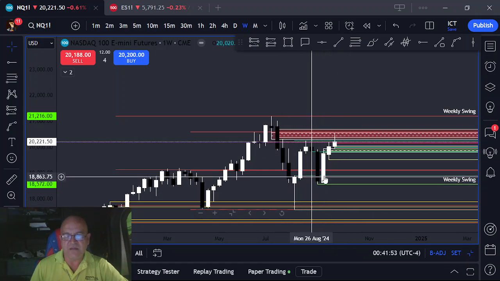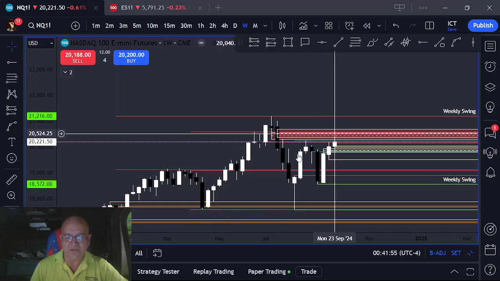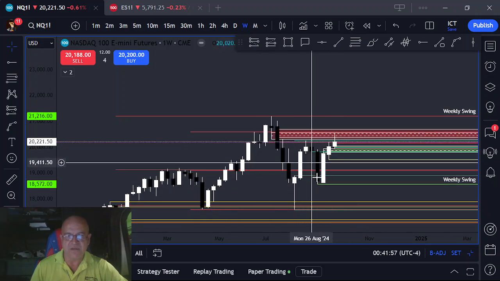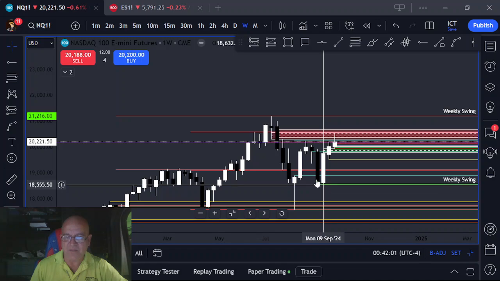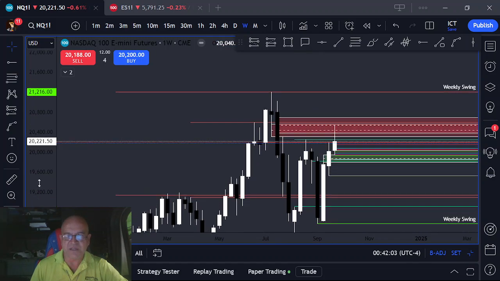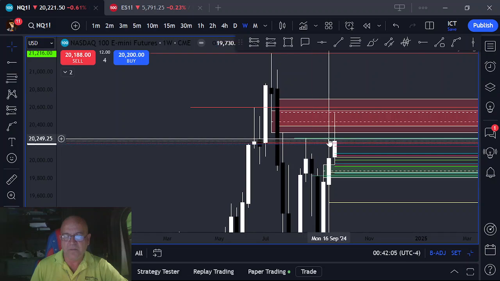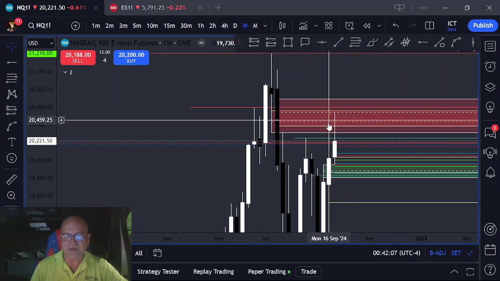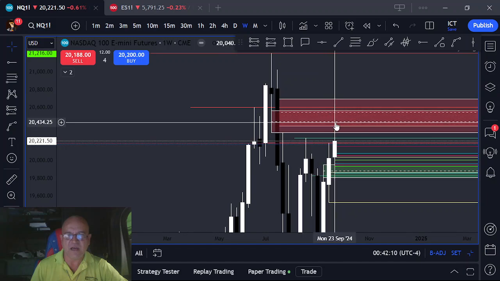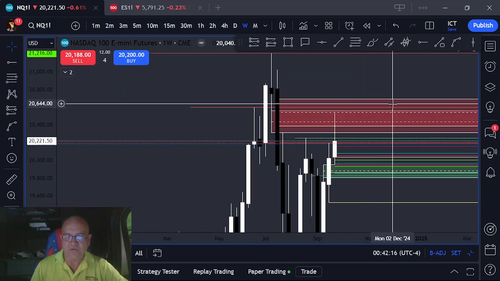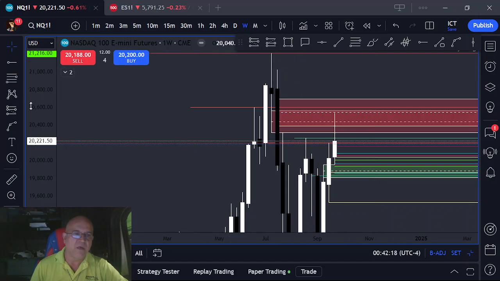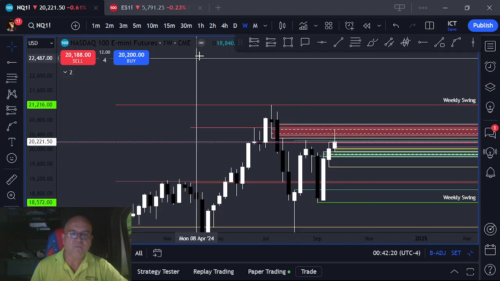So to me, this is a signal that the buyers are much stronger than the sellers, and we should be heading up to all-time highs. I just want to see us roll over from here after tapping this weekly fair value gap, back down into this weekly fair value gap before heading higher.